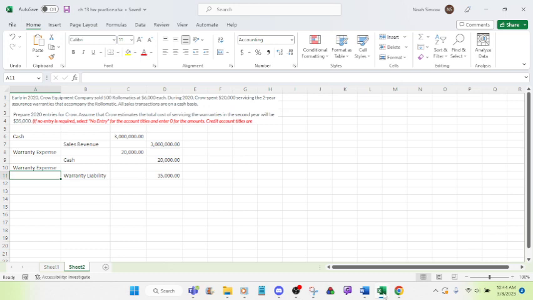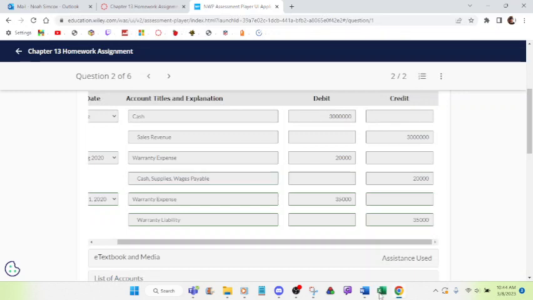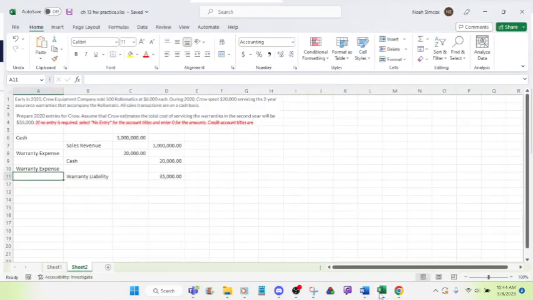Why are they so annoying? Why do they have that and not as cash? What the heck? They have you cash, supplies, wages payable. Like, what the heck is that? That's stupid. They didn't even tell you.